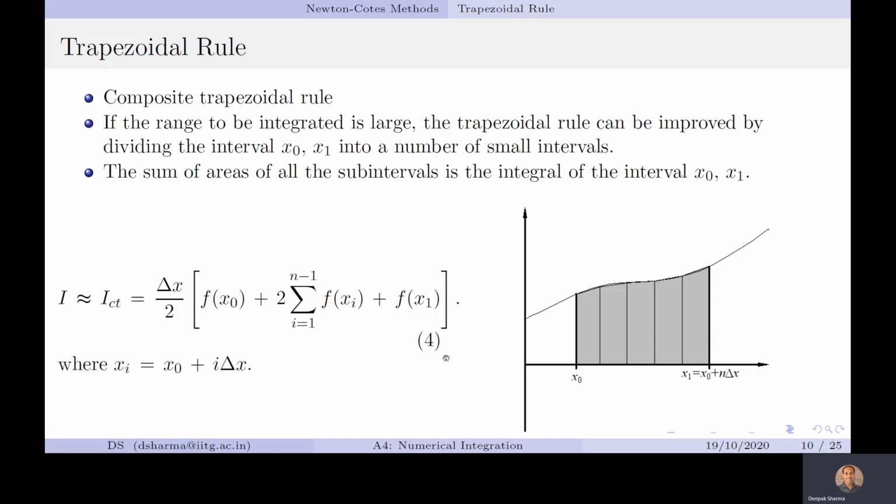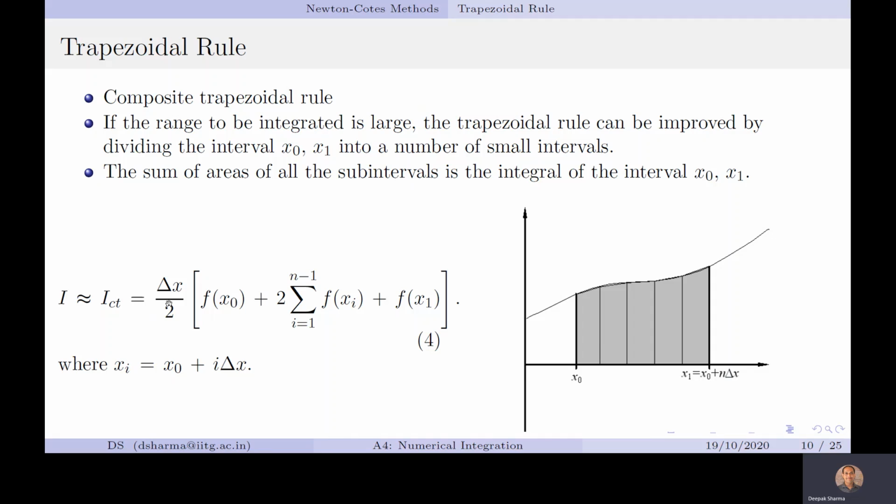So what is the formula? As you can see in equation number 4, we have the value as delta x by 2. Sorry, the delta x here is x1 minus x0 divided by n.